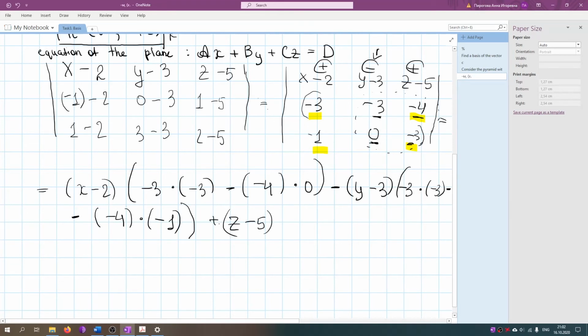It will be with plus sign because here we have plus. Open the brackets. So I can show the numbers we're working with.